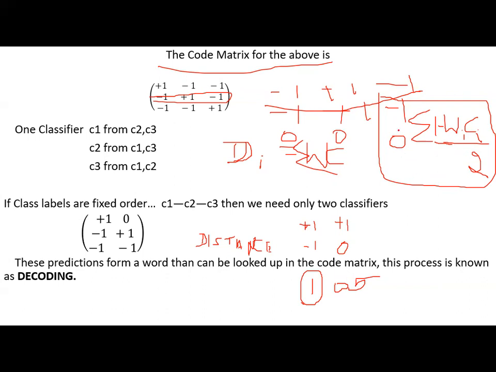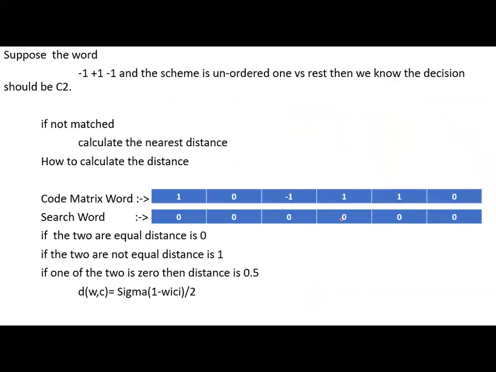The ultimate goal of this formula is as follows. W is our search word and C is our code. If these two are equal, it should give 0. If these two are not equal, it should give 1. If one of them is 0, it should give the middle value, 0.5. This is how the formula is designed, and you can easily see how it calculates the distance between the search word and the matrix word.